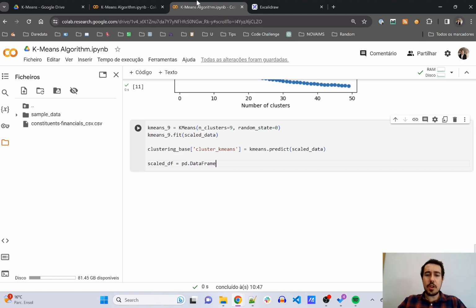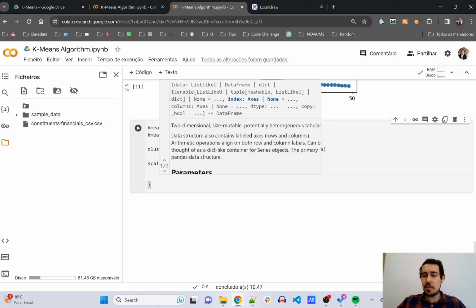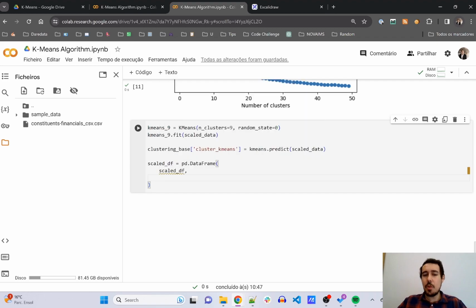So I'll create a data frame for the scale df because I'll want a column with the clustering, the cluster KMeans, for something that I'll do next, where I want to have an interpretation via a heat map. To do that, here the columns would be financial data, clustering features for clustering dot columns.